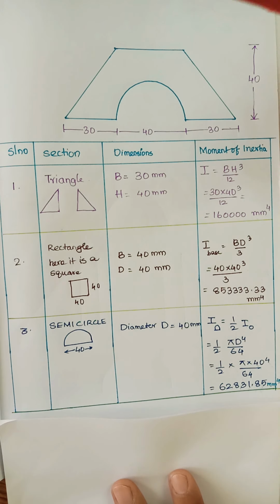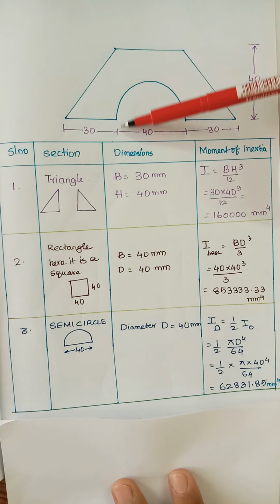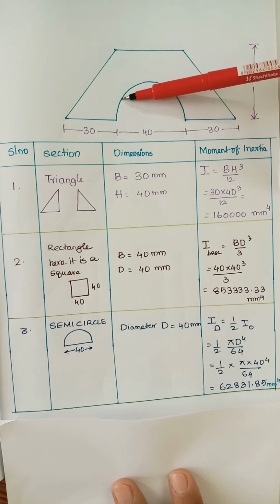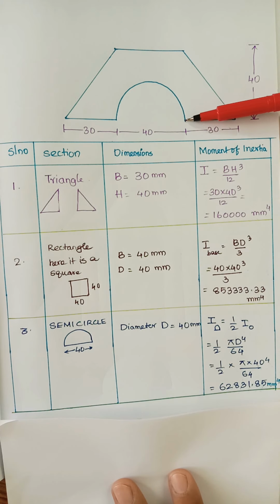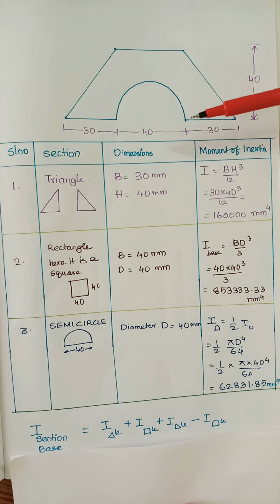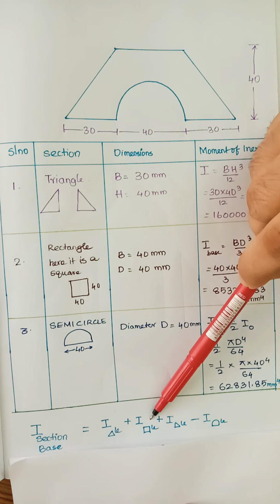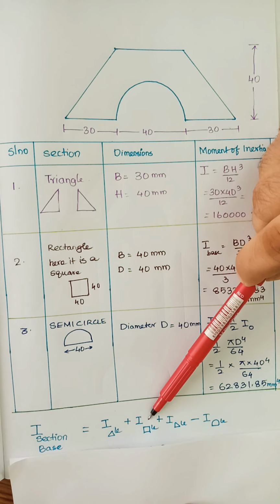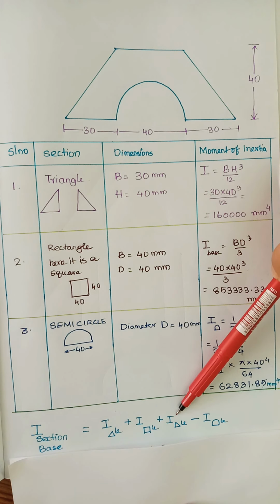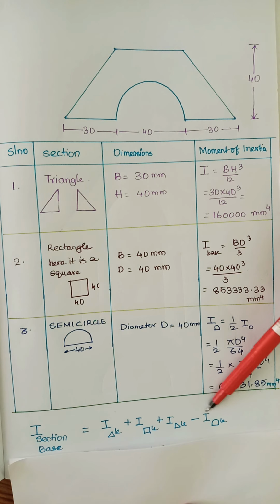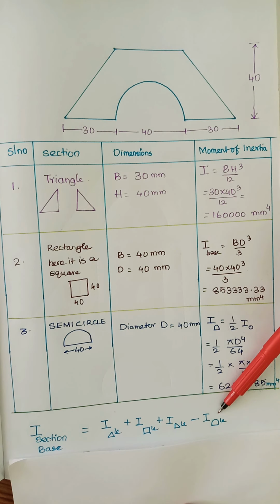Now as we know, when you see this particular section, it has a triangle, one more triangle, and the middle one, a square from which a semicircle is removed. So the moment of inertia of the section is equal to the moment of inertia of the triangle plus the moment of inertia of the square or rectangle plus the moment of inertia of the other triangle, and from which we are removing the moment of inertia of the semicircle.